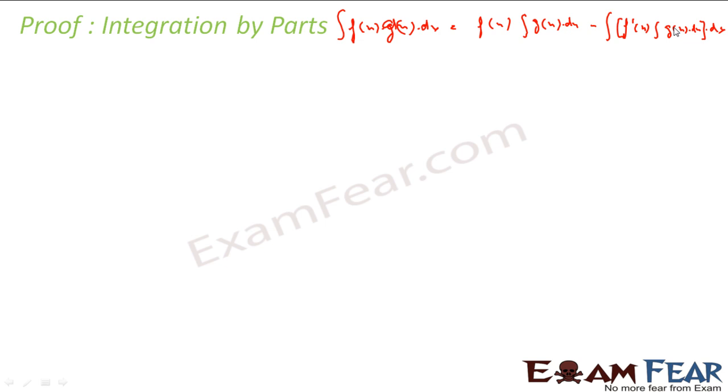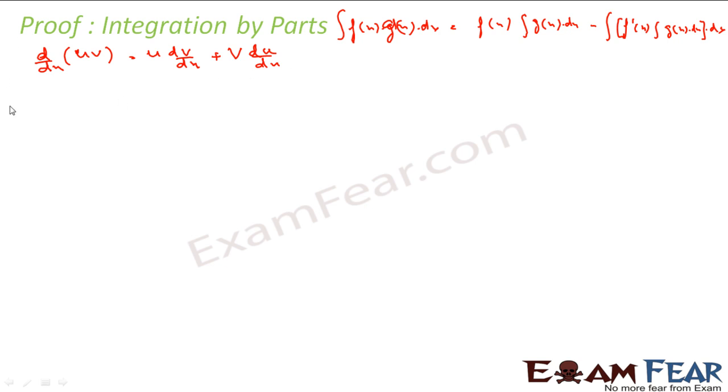And let's prove this. To prove this, I'll use the chain rule of derivation. Actually, we know that d by dx of, if I have two functions uv, that is nothing but u dv by dx plus v du by dx. This is something we know, correct?